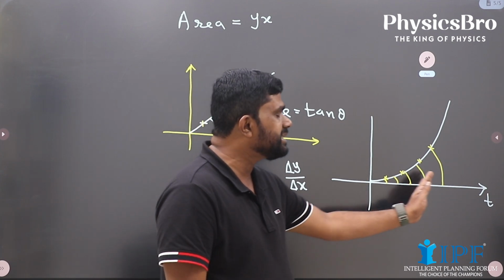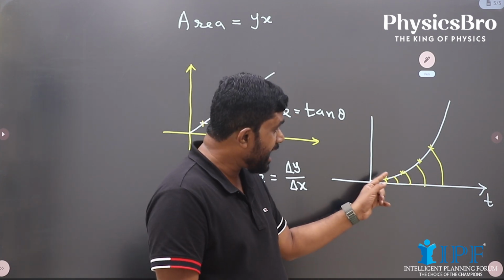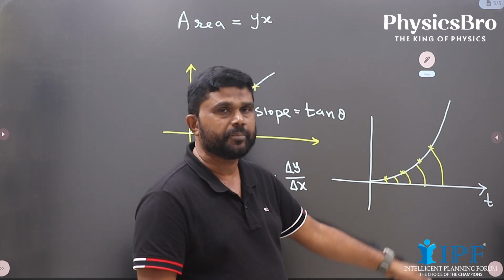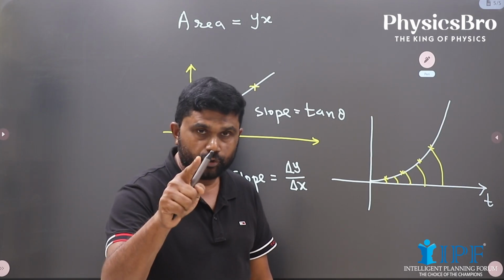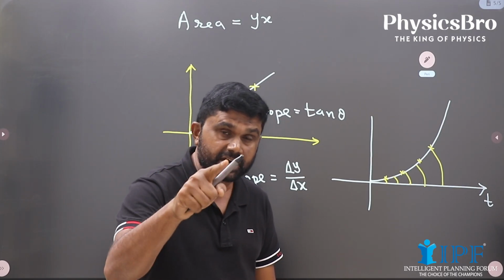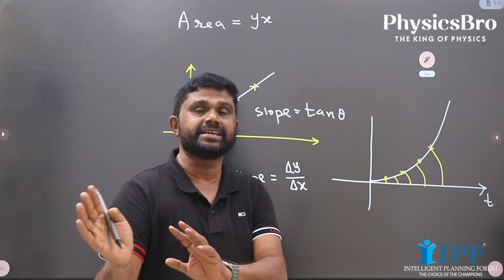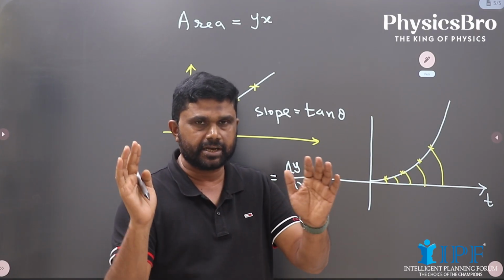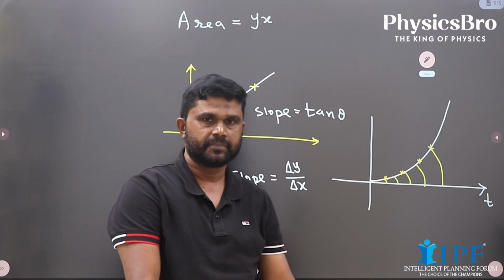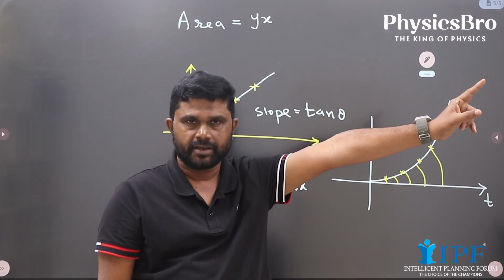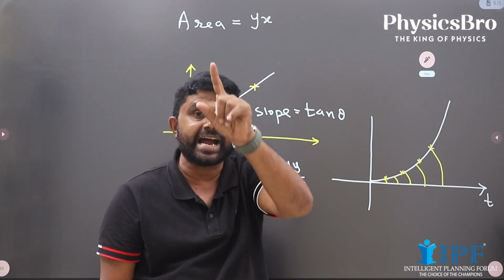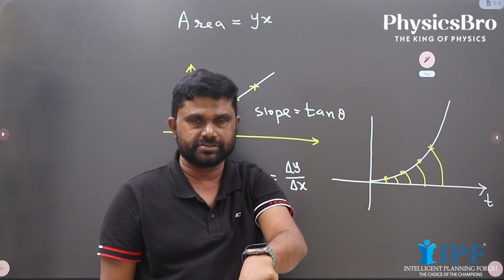So, as time increases, the angle made by the graph with the positive direction of x-axis increases. Children, I have told you, when theta increases, all trigonometric functions starting with c, meaning cos theta, cosecant theta and cot theta, will decrease. The other three trigonometric functions will increase. Means as theta increases, tan theta will increase.